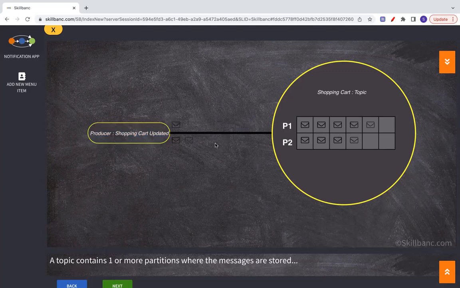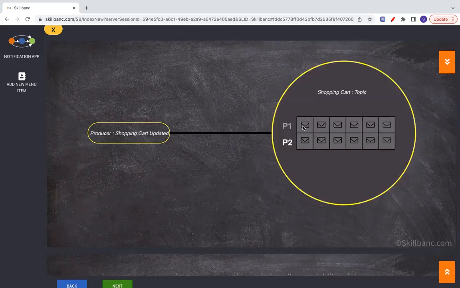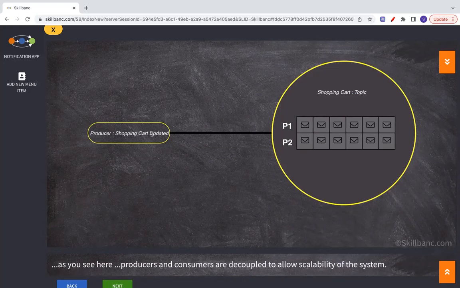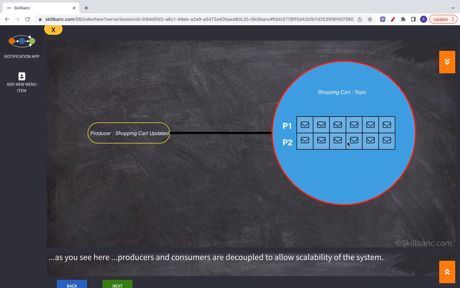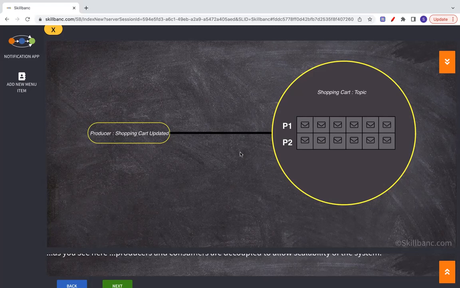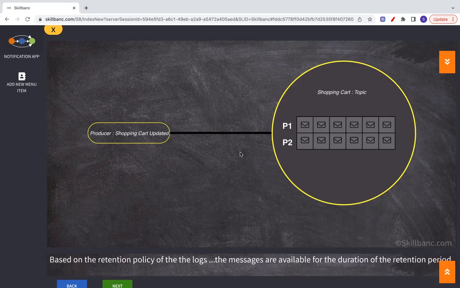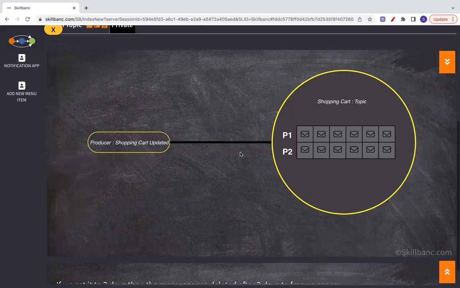These messages, when they come, are stored into different partitions, P1 and P2, and then we can specify how long these messages stay before they are deleted and make room for additional messages. So what is the message? A message is nothing but, within a topic, a kind of document or some sort of object that is being used by the consuming applications, the subscribed applications.